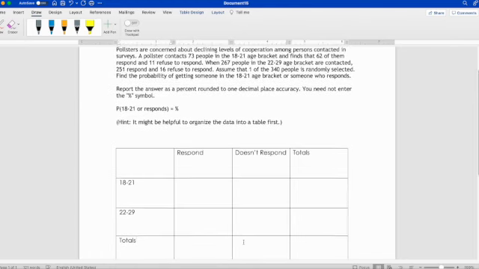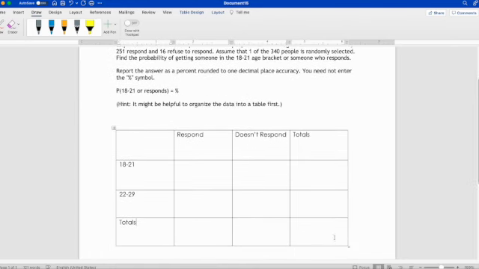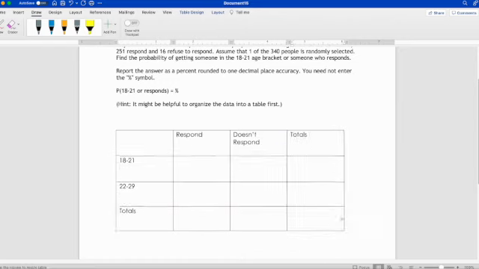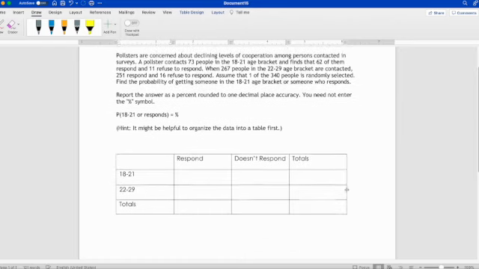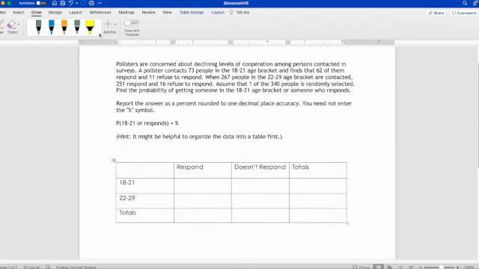Okay, now let's pick out the information from the problem to help us figure this out. All right, so the big information that's given to us, we have that 73 people were contacted in the age bracket 18 to 21. So the total for that age group was 73.